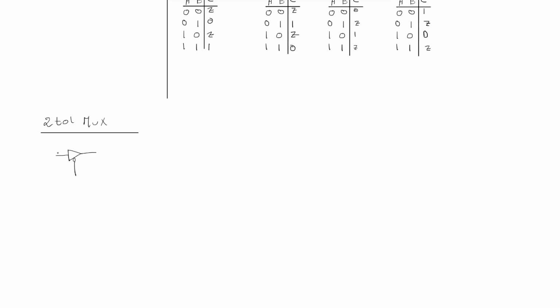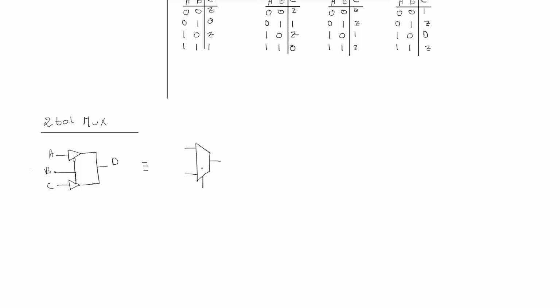And then here we have one input, let's call it A. And then we have another tri-state buffer, no bubble, which is just connected to this control input. Let's call this one B. And let's call the input of the second buffer C. And then the output comes from these two buffers, let's call it D.